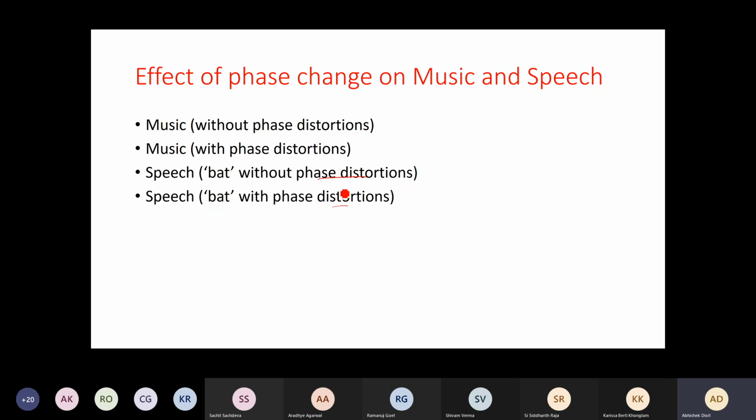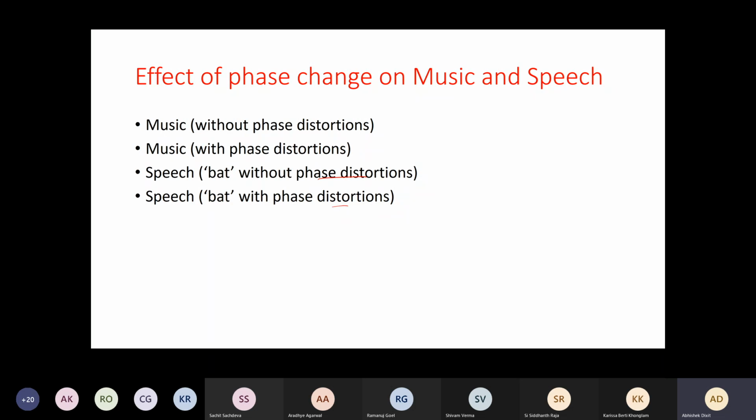With phase distortion means that I pass this through an all pass filter. So there is no magnitude distortion, but phase gets distorted, and we will hear these 4 files. Clear? Now you know where we are and what we are trying to do?